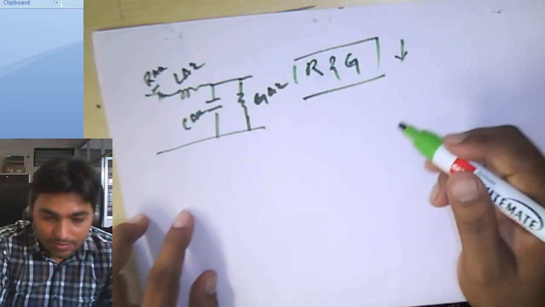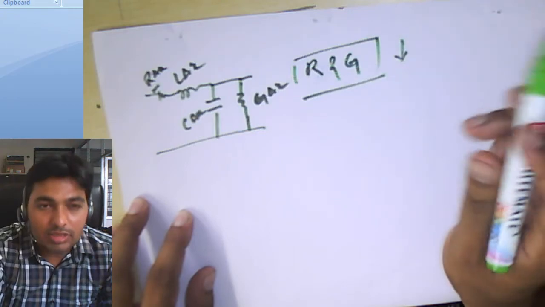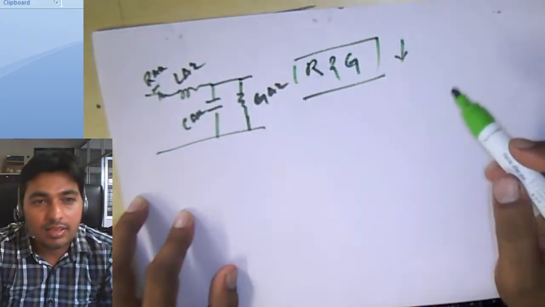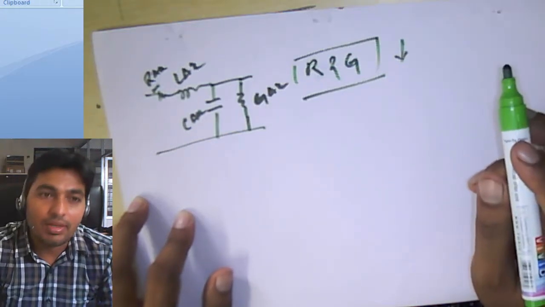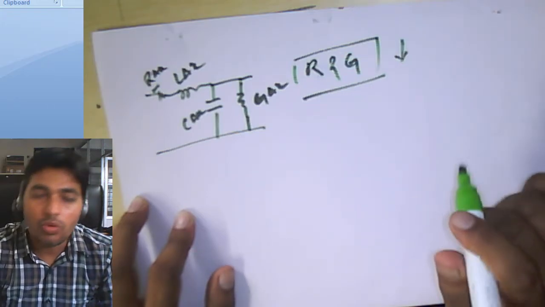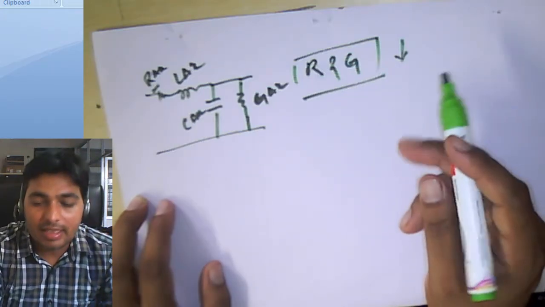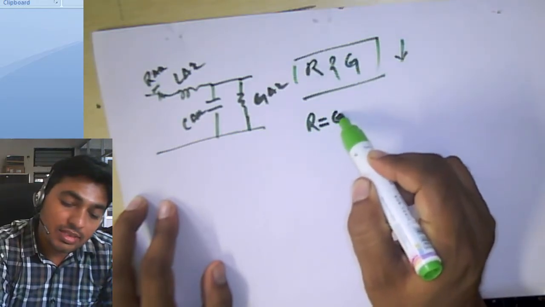For this we have a condition: if R or G is very small compared to the components L and C, then we will have a low loss, or very low loss, transmission line. So the condition for the low loss, or lossless, line is when R is equal to 0 and when G is equal to 0.